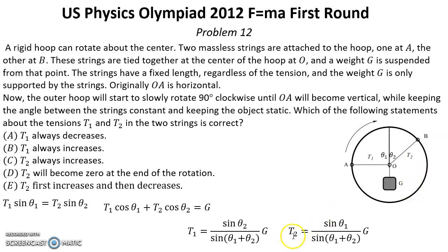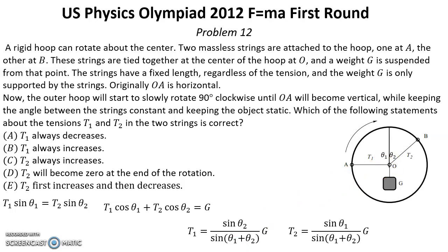And for T2, initially sine theta 1 is 1, so it means that T2 has a maximum, and finally it's reducing till 0 in the position when theta 1 is 0. So that's the behavior for T1 and T2.